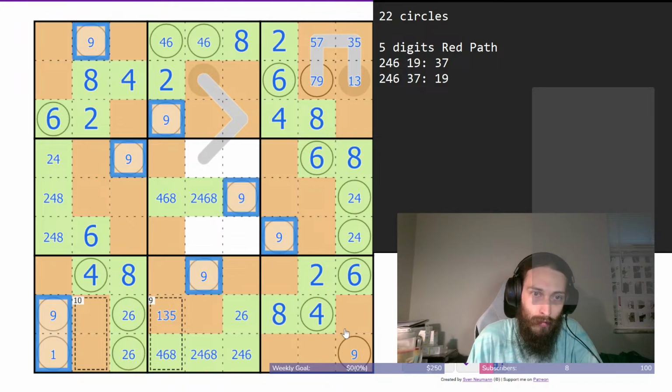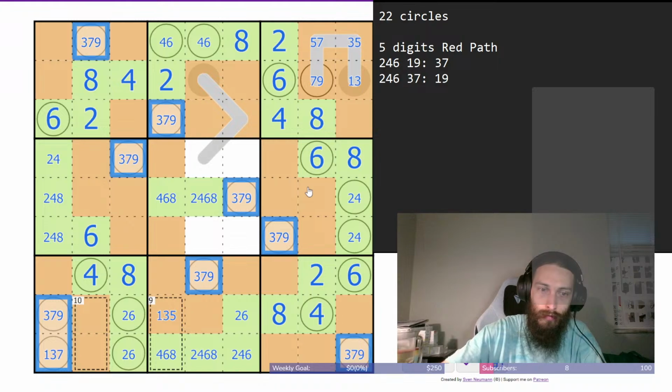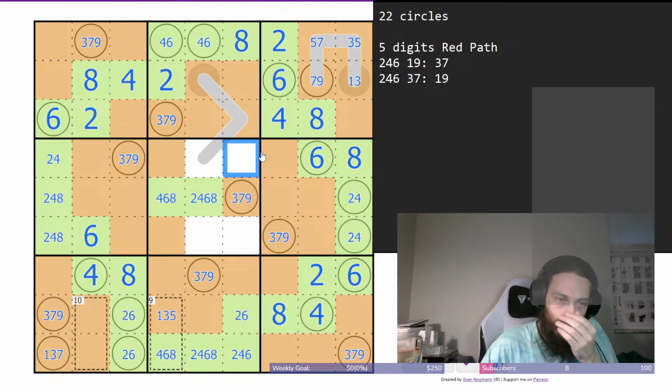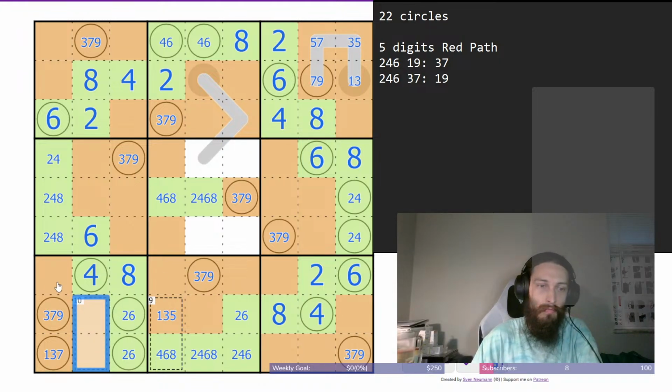Oh. Never mind. What's never mind? Well, no, I thought, oh, well, if it's 7, it can't be a 3, but no, it's not a circle, it's just the bulb of the thermo.